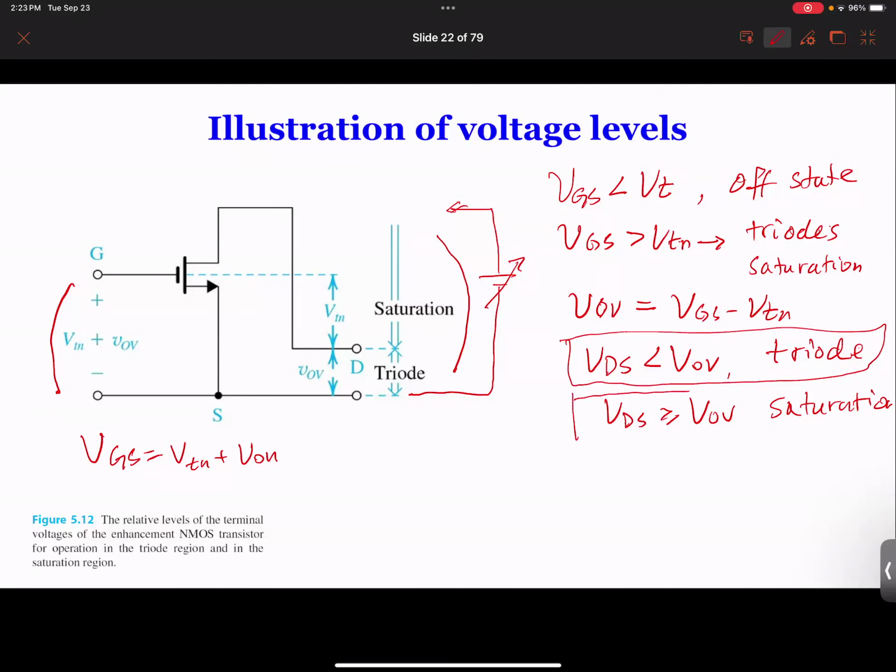If VDS is larger than VOV, it's going to be the saturation mode. In the two different regions, the current and voltage relationships are very much different. We already illustrated a little bit from our last lecture in chapter 5. Now we're going to continue to look at the voltage and current relationships based on the two different regions.